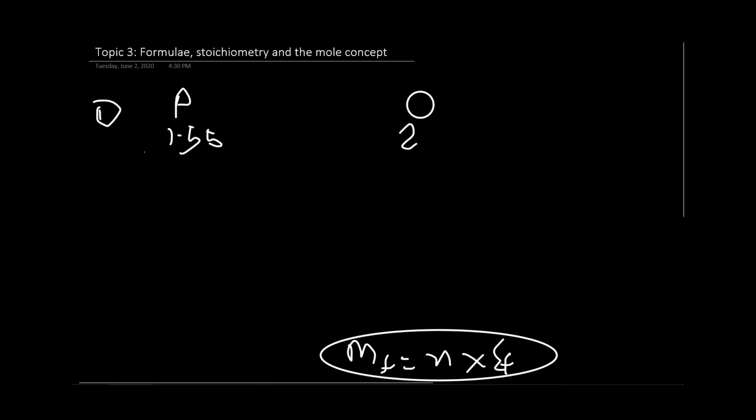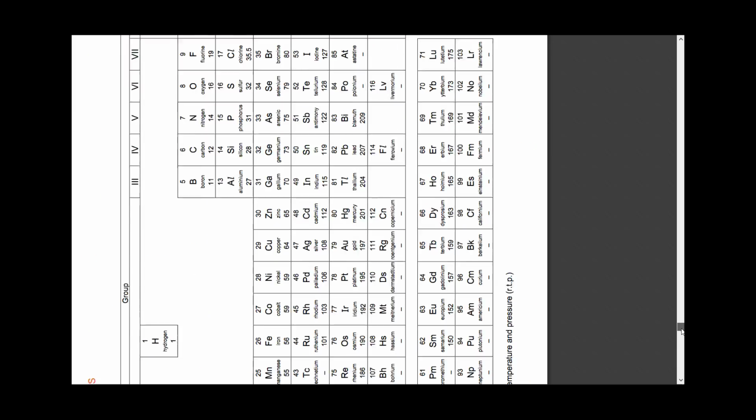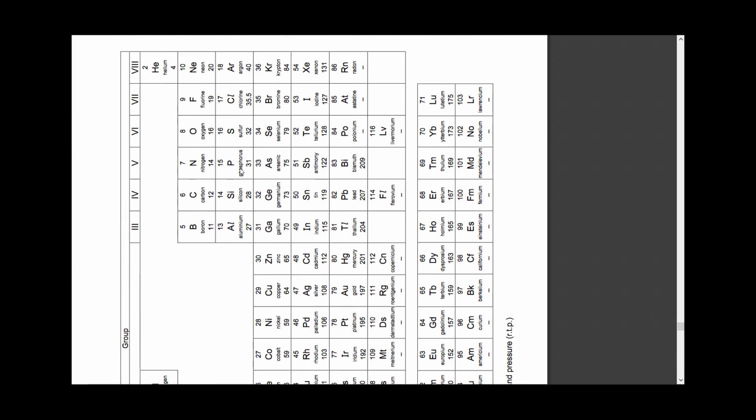So the relative atomic mass of phosphorus, let me have a glance, is 31. Can you see it? 31, right?